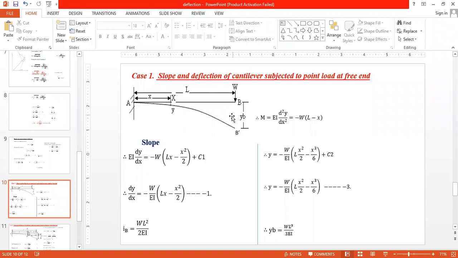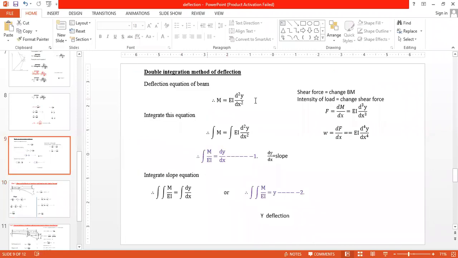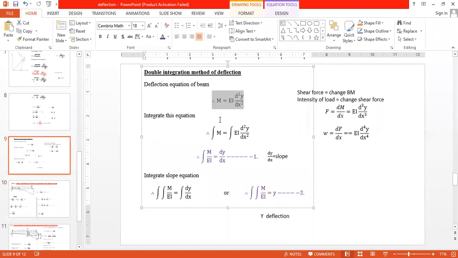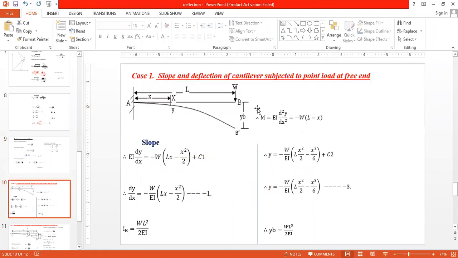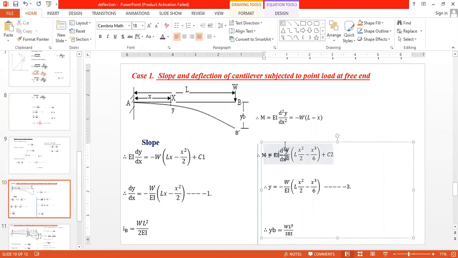Now under this loading, what is the deflection equation and what is the slope equation? Slope equation and deflection you have to find. For finding them, we use the general deflection equation.